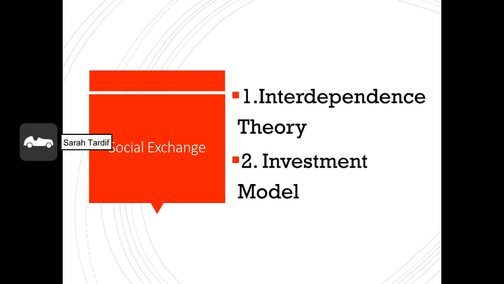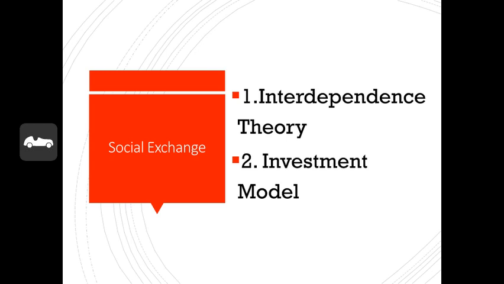Social exchange theory is actually an umbrella term that covers several different models and theories that are all related to that idea of exchanging desirable rewards with your relational partner. There's a big focus, of course, on romantic relationships.